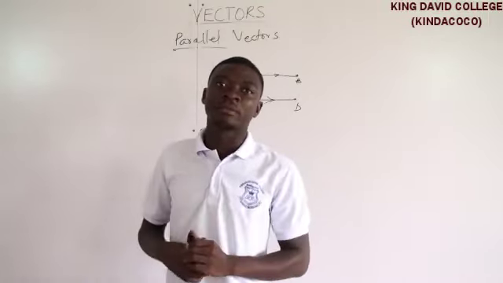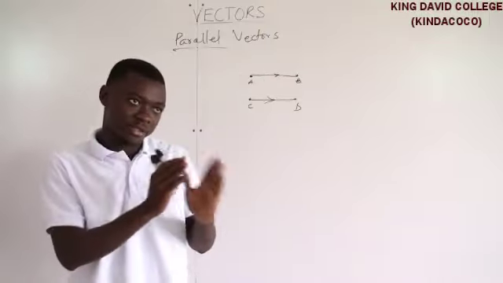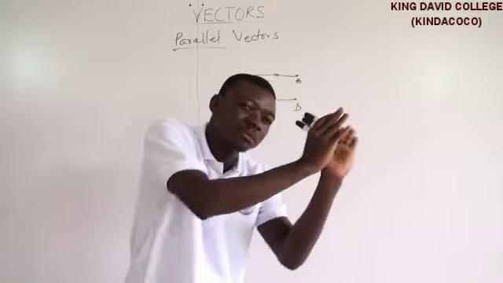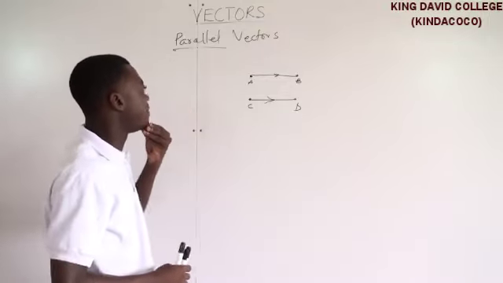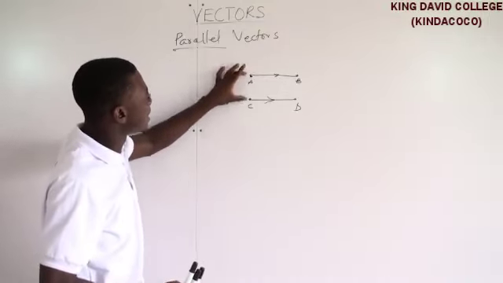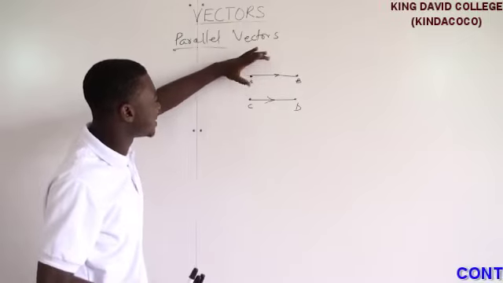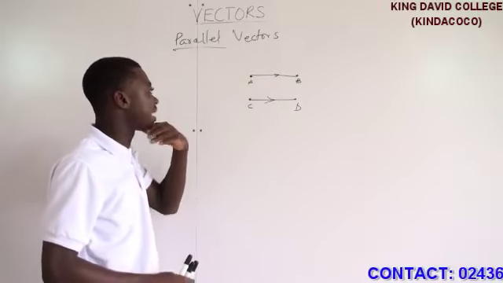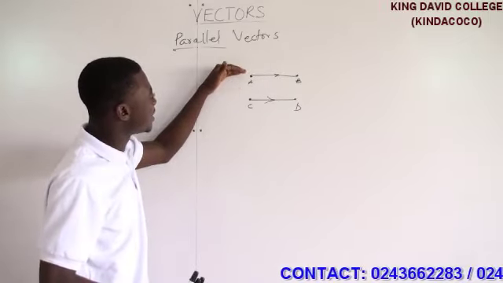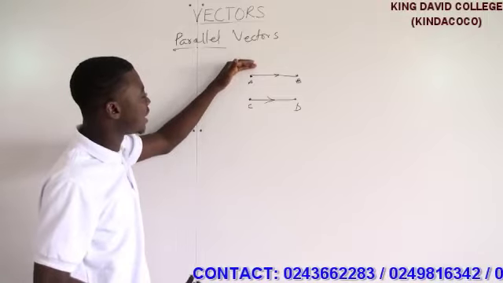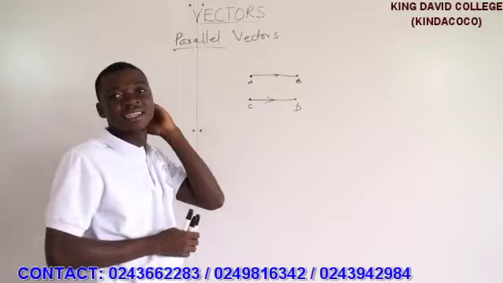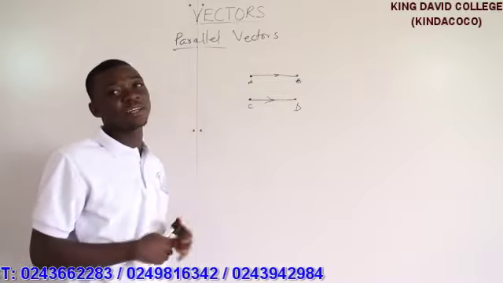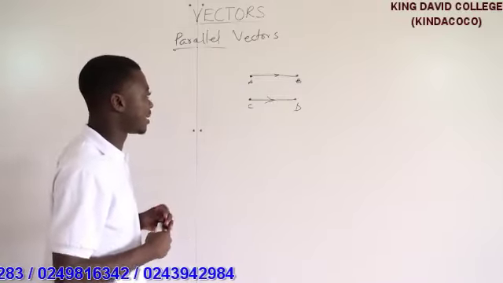They are going towards the same direction. The way this is lying is the same as the way that is lying. This one can be at a different level in the plane, but the way they are lying should be the same, just like parallel lines.